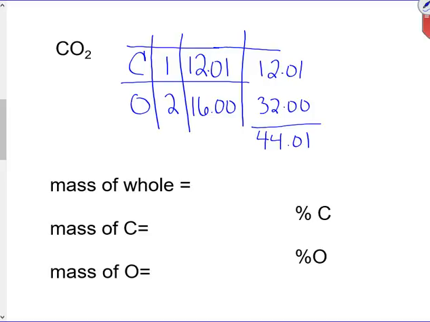Now, the mass of all of the carbons is going to be 12.01, which I get right here, divided by 44.01 times 100 always.